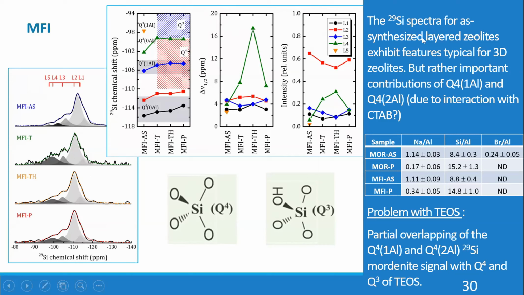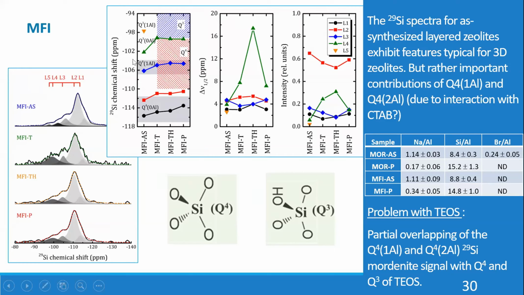For example, at the beginning, we can see that the spectra of the layered zeolites are almost the same as the 3D zeolites, but with a rather important contribution of Q4 with one aluminium neighbor and Q4 with 2 aluminium sites, which we suppose is due to the interaction with the template molecules upon growing.